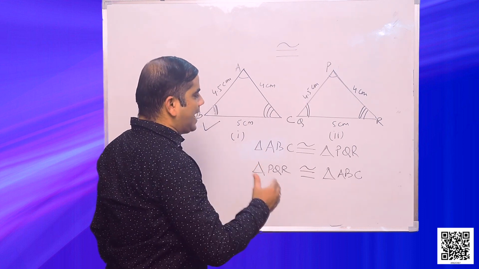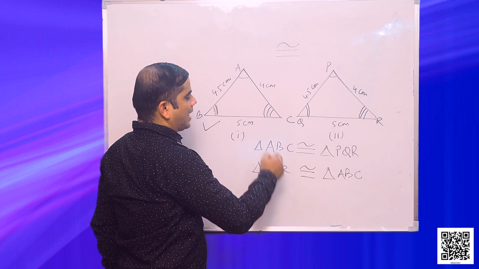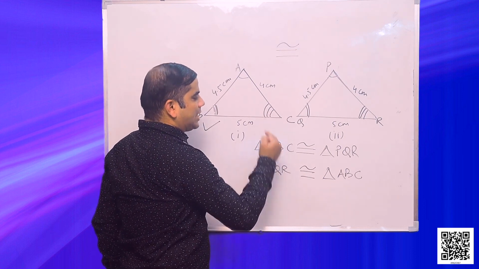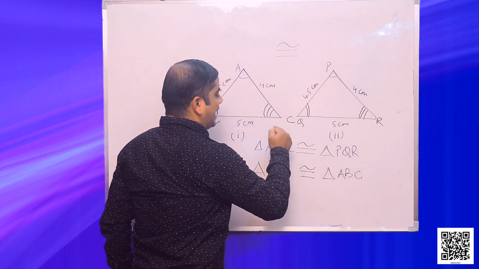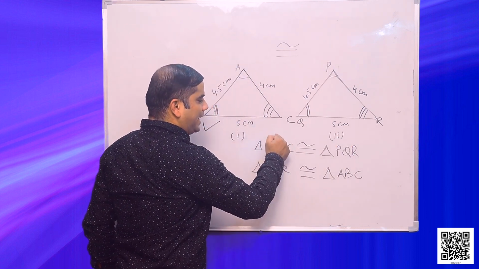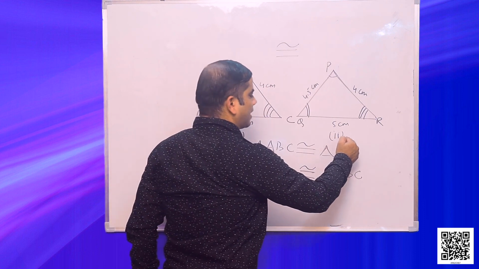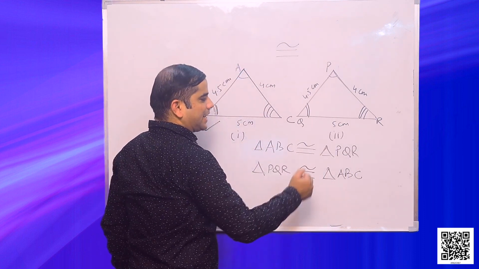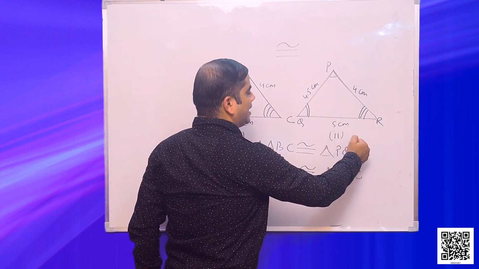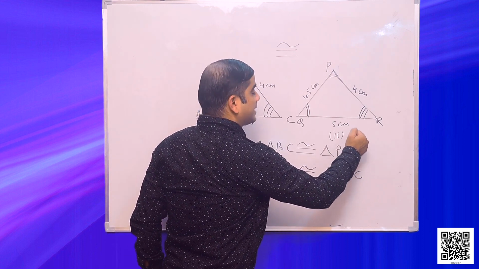Same way, the angle that is formed at vertex A is equal to the angle that is formed at vertex P. Angle that is formed at vertex B is equal to angle that is formed at vertex Q. Angle that is formed at vertex C is exactly equal to the angle which is formed at vertex R.